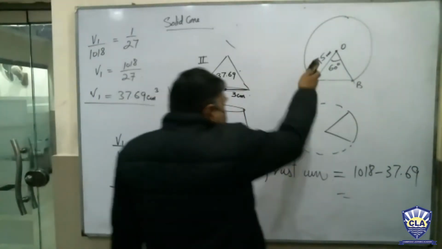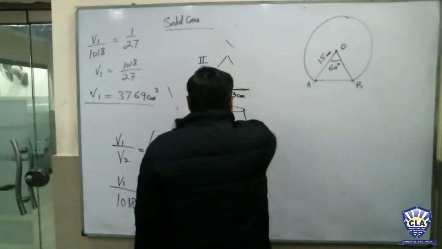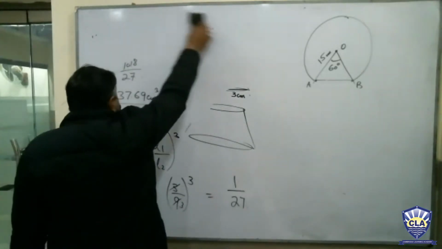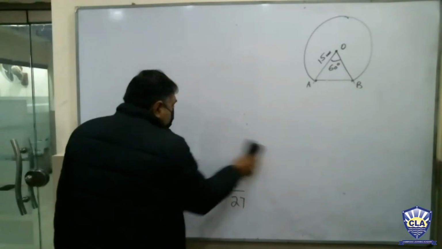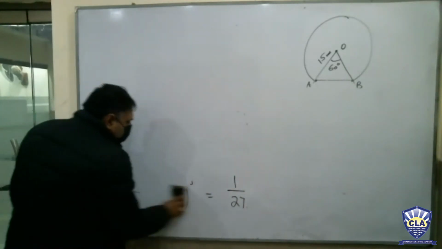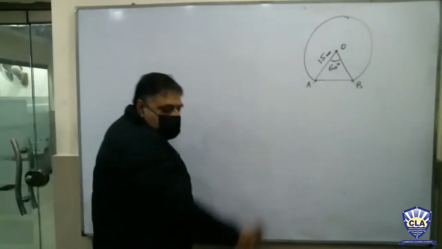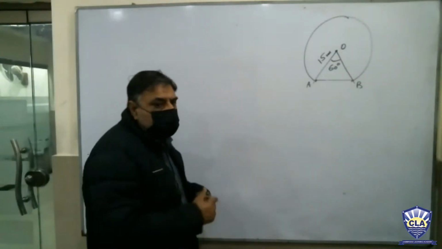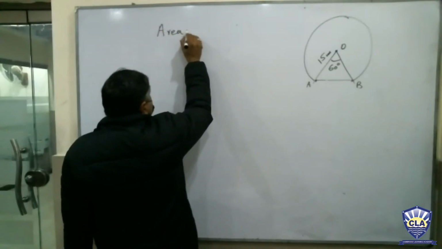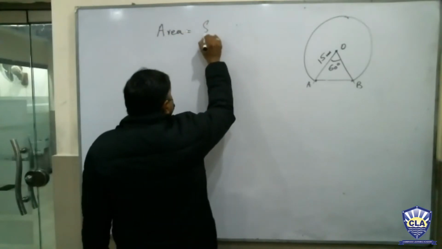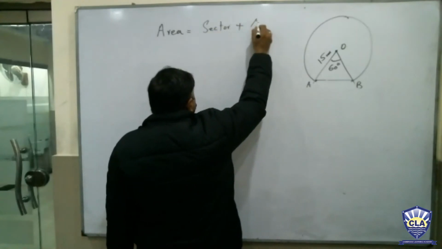Please can you find the area of this diagram? Yes, I can. Area of this shape. The shape consists of a sector and a triangle. Area of this shape is equal to sector plus triangle.